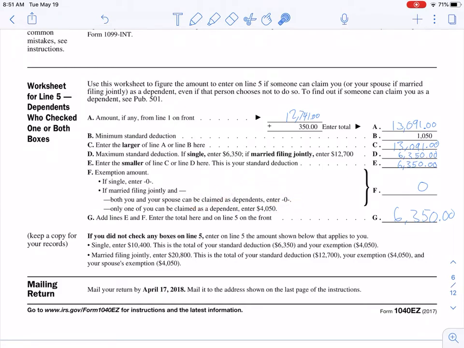And then it's a little bit different for married filing jointly. And then add lines E and F together. So we take these, we add them together. I get $6,350. So if she was not claimed as a dependent, so if her parents did not claim her as a dependent, the amount on line 5, for being single, her standard deduction is $10,400, because that's the total standard deduction and an exemption.